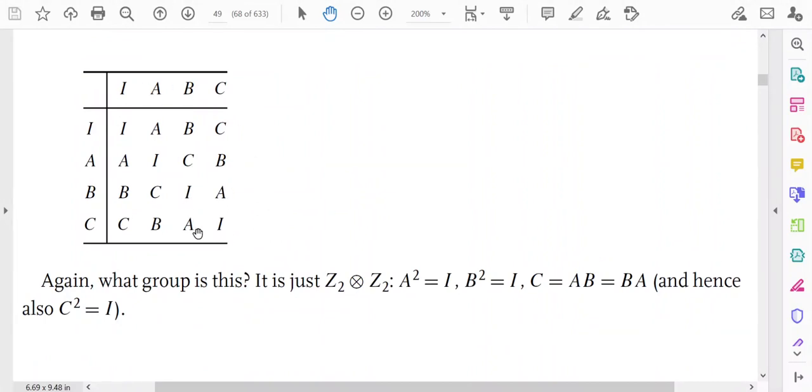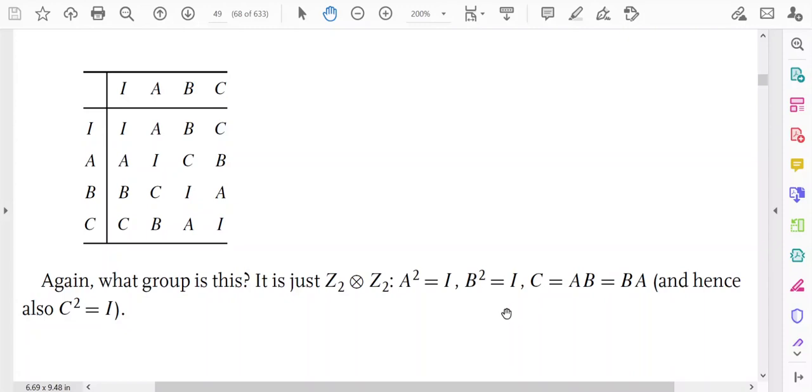So now the whole table is complete. Now what group is this? It is just Z2 into Z2, because here A square is equal to I and B square is equal to I and C is equal to AB equal to BA, and also C square is equal to I. So this is the property of the Z2 into Z2 group.